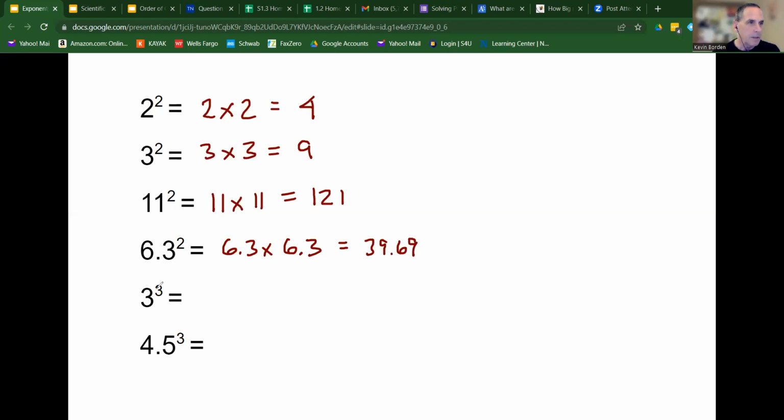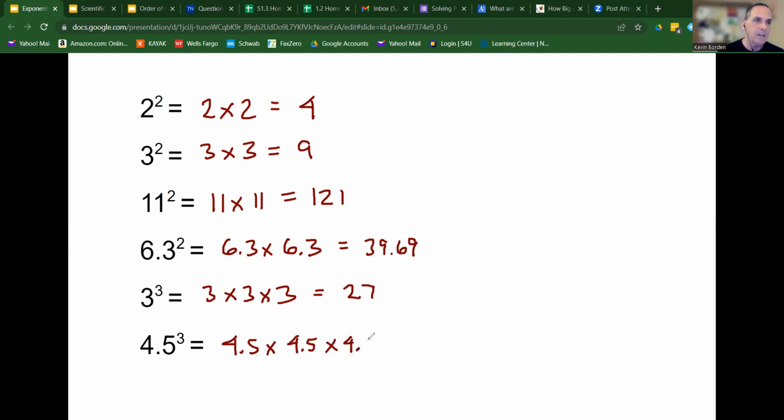Here we have something to an exponent other than 2. 3 to the 3rd power means 3 times 3 times 3. That gives us 27. And then finally, we have a decimal to the 3rd power, just as we did in the calculator. Just as a reminder of what this means, 4.5 times 4.5 times 4.5.